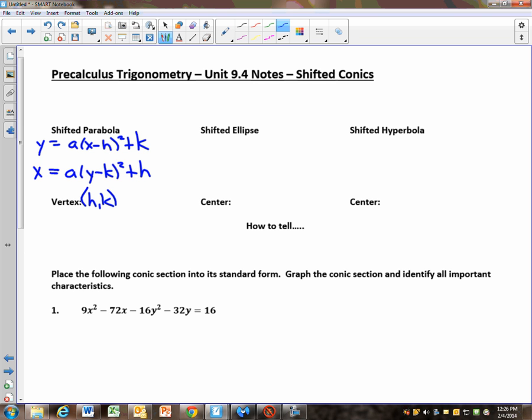Then we move to an ellipse. An ellipse would be like x minus h quantity squared over a squared plus y minus k quantity squared over b squared is equal to 1. That's stretched horizontally. How does it change if it's stretched vertically?